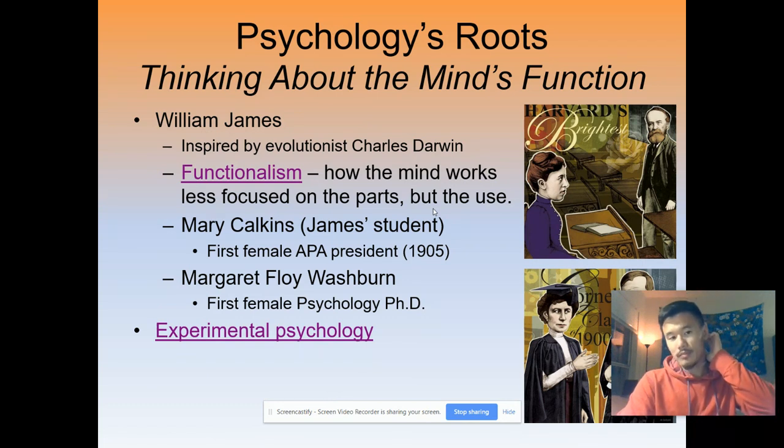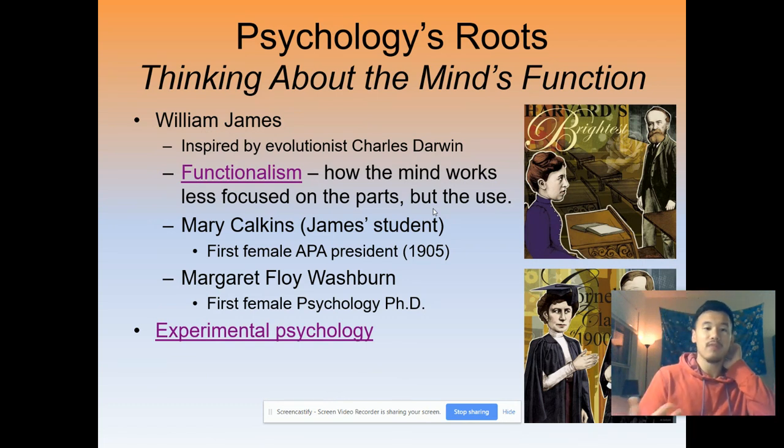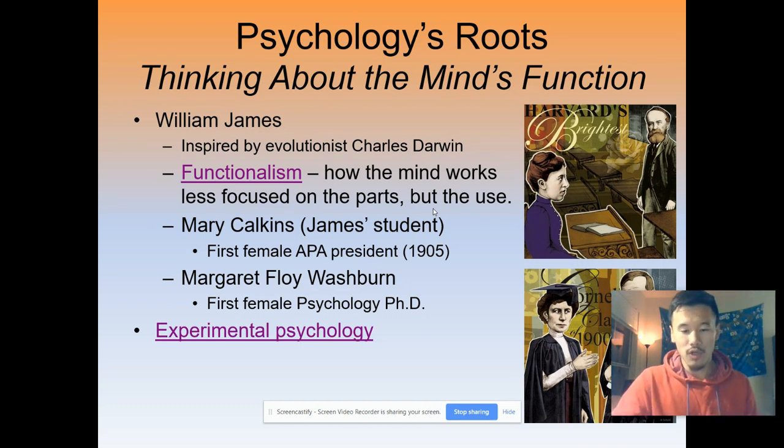Now we come to William James. William James was a functionalist. He was inspired by the evolutionist Charles Darwin. If you don't know who Charles Darwin is, he was the scientist who founded the idea of evolution. And that meant that organisms either survived or they didn't, based on their physical traits and their behaviors.